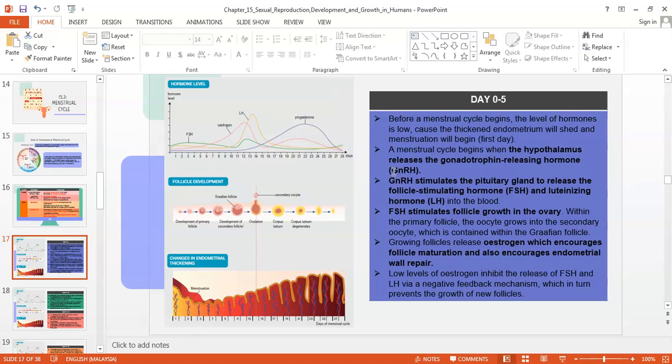Dan short form dia kita tulis sebagai GnRH. And this GnRH will stimulate the pituitary gland to release the follicle stimulating hormone and luteinizing hormone into the bloodstream, into the blood vessels.